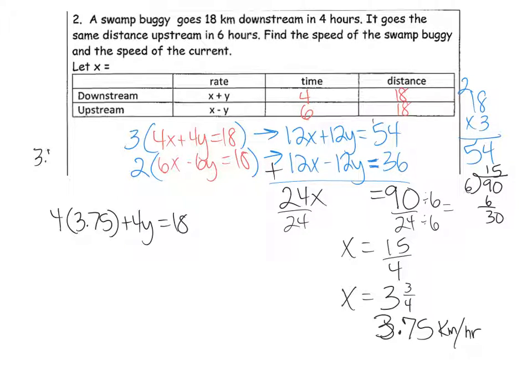So 3.75 times 4 is 15, plus 4y equals 18. On the side of my paper, I did 3.75 times 4 over there, and then I moved my decimal 2 spaces over.